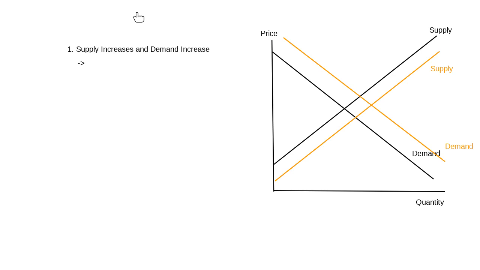So you see both of these actions. It doesn't matter the magnitude of the shift. Both of these actions push quantity higher. The new equilibrium of the orange supply and demand curves will always meet somewhere to the right of the old equilibrium. So quantity always increases.